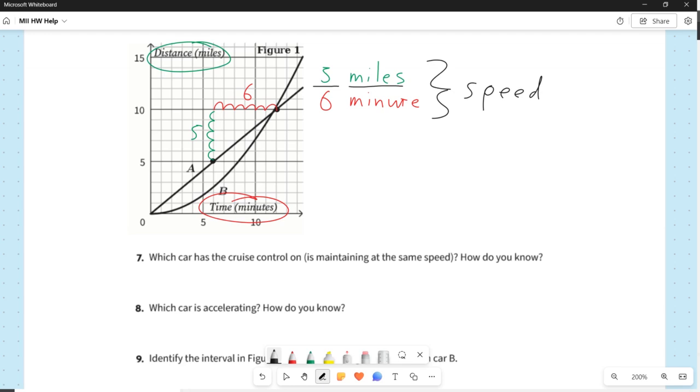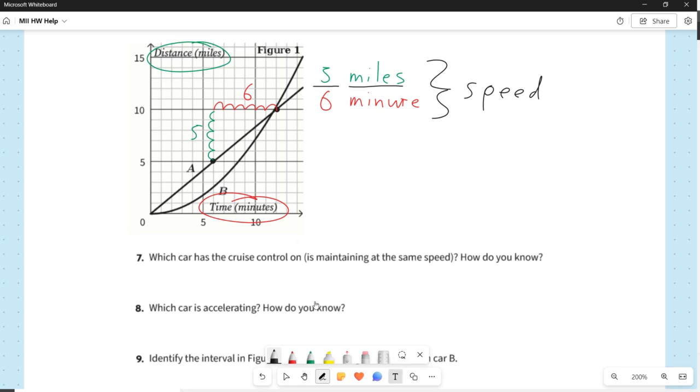Miles per minute or miles per hour or kilometers per hour. If you have distance over time, that is a unit of measurement of speed, 60 miles per hour, right? 5/6 miles per minute. That's what this is. And because car A's distance is a straight line, it has a constant slope, a constant rate of change. And when you're doing distance over time, then your rate is speed.